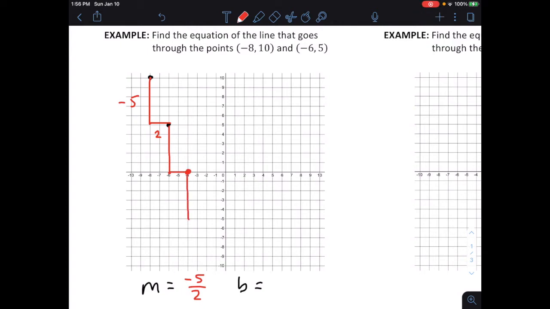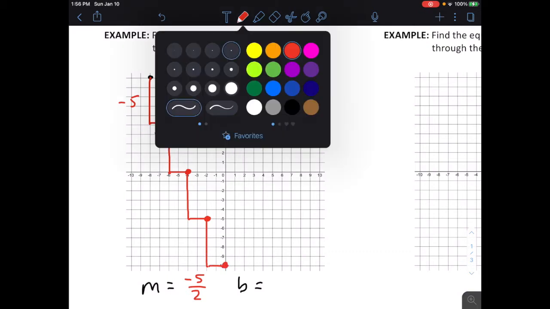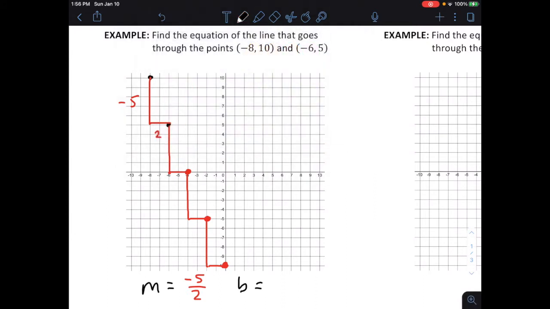Down 5 again, over 2. We have a point right there. And then I'm going to go down 5 and over 2 one last time, and I'll end up on the y-axis. Okay, so now I've just identified where my b is, and the b is right there at -10. So my b is -10.